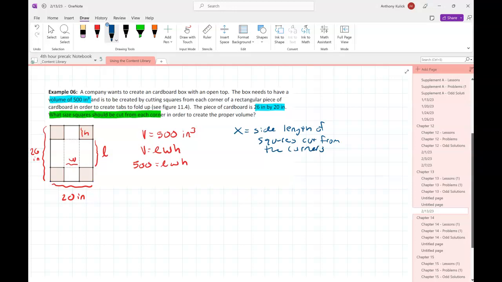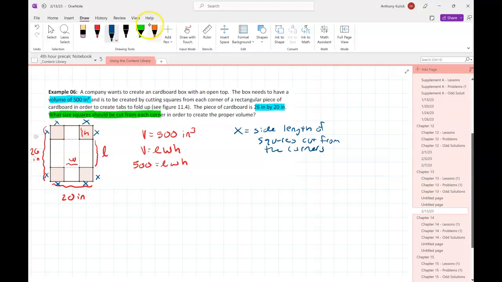So that's just going to be the side length of the squares that are cut out of the corners. So I'm going to take my picture and label that now. Everybody's good with how I've labeled things?